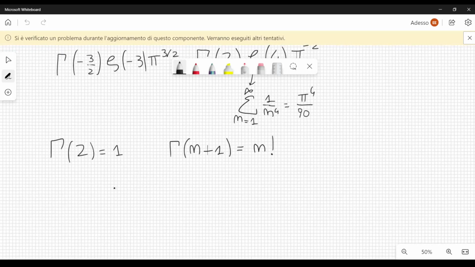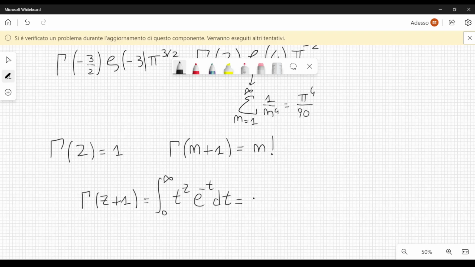One simple way of doing that is by considering gamma of z plus 1, which is by definition equal to the integral from 0 to infinity of t to the power z times e to the minus t dt.